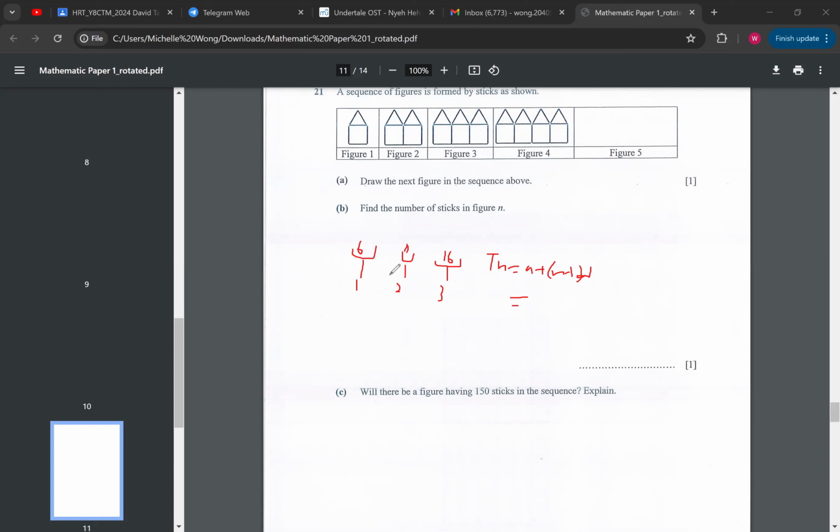A represents the first number, so 6 plus bracket n minus 1, and the difference is 5. So 6 plus 5n minus 5. 6 minus 5 plus 5n, you will get 1 plus 5n. So that is figure n, also called the nth term.